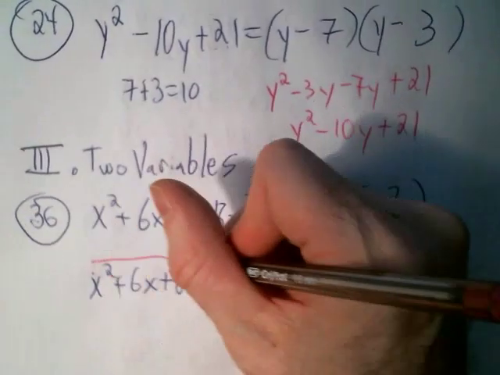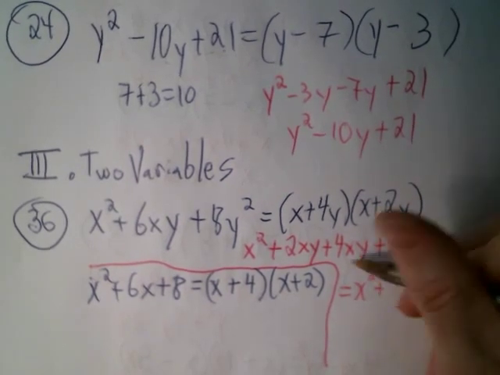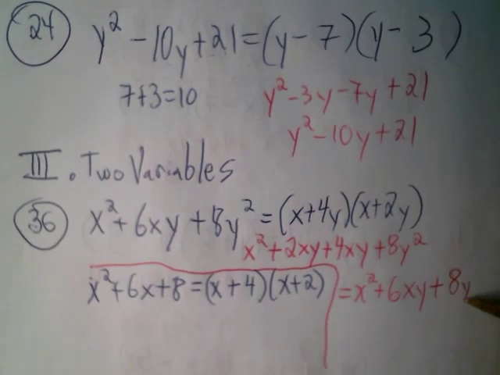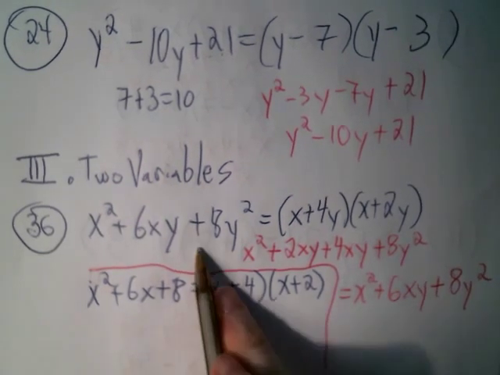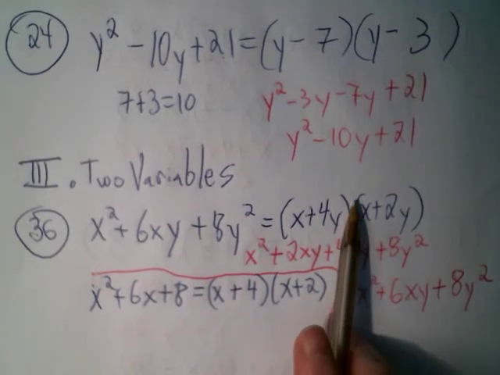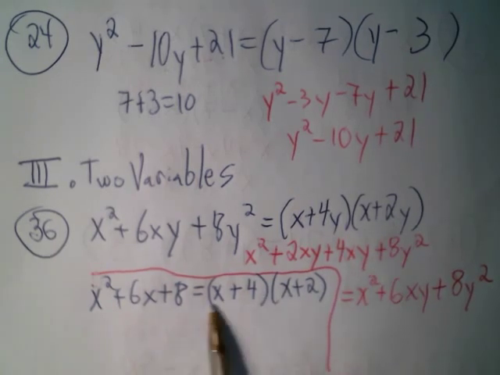And when you combine like terms, you get x squared plus 4, 5, 6 xy plus 8y squared. Sure enough, that worked. So it's kind of like a cheap trick. You just slide a y in each of these positions, and if you know how to do these, you can already do these.